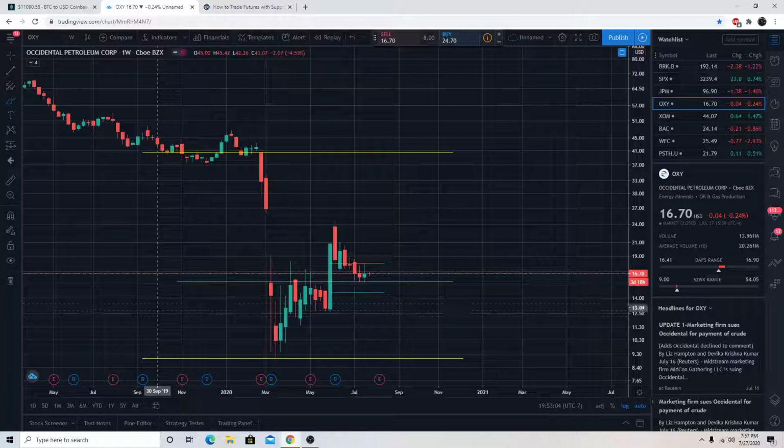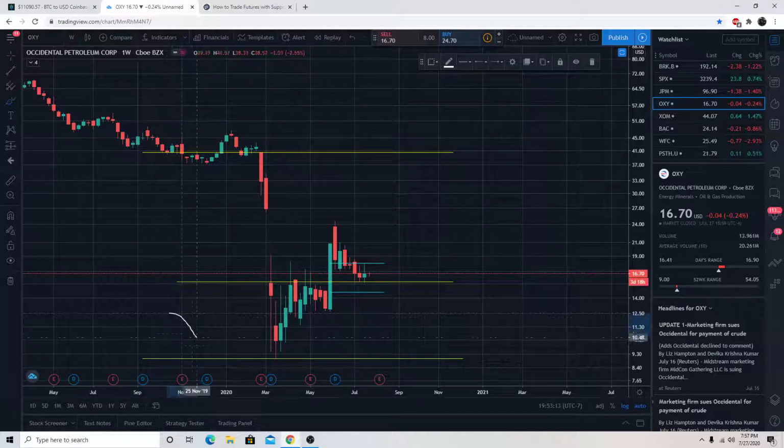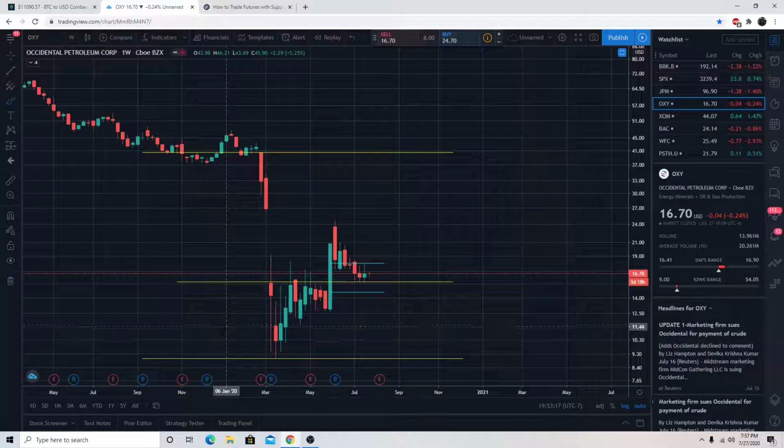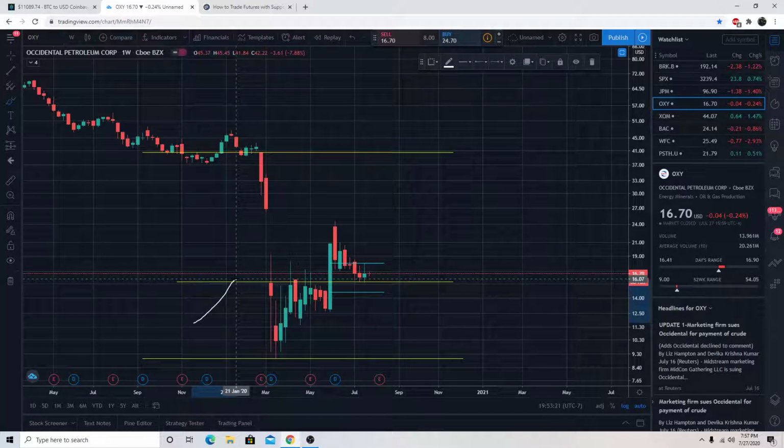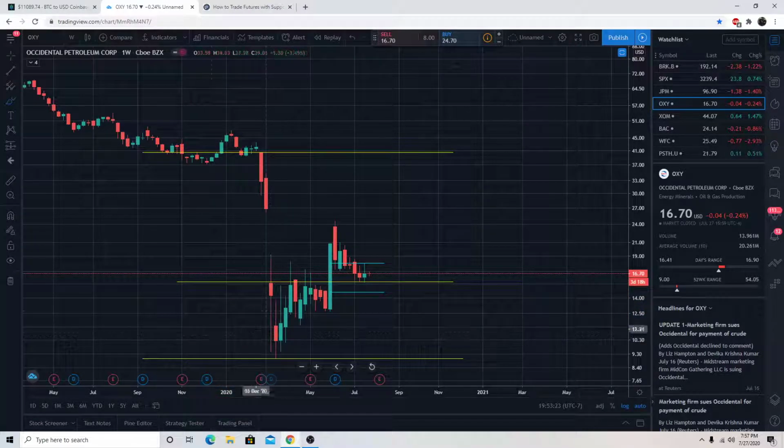You want to think about support and resistance like a bouncy ball. If you're standing here and you drop the bouncy ball, it's going to touch the floor and bounce up. If you were to grab that same bouncy ball and throw it up in the air, it would touch the roof and then go down. So that's the way these lines react.